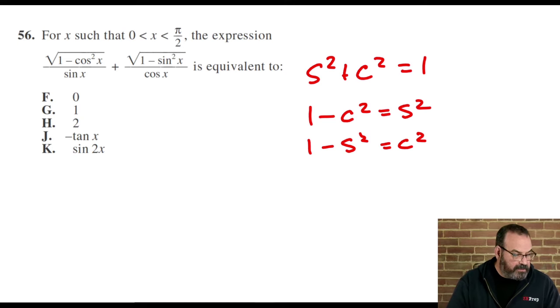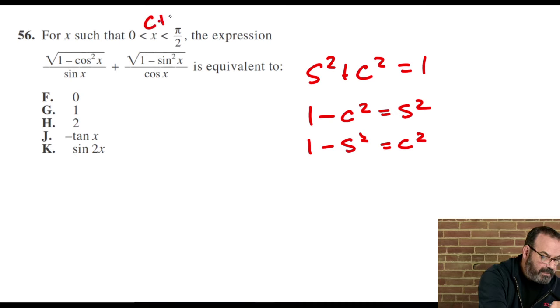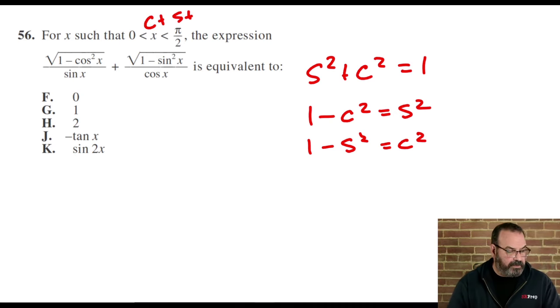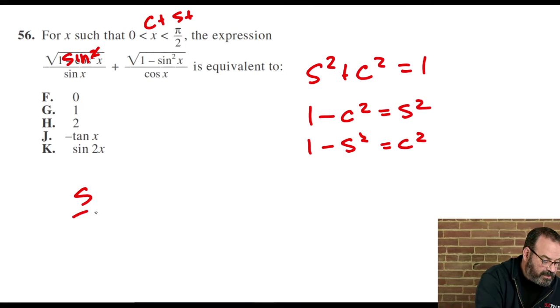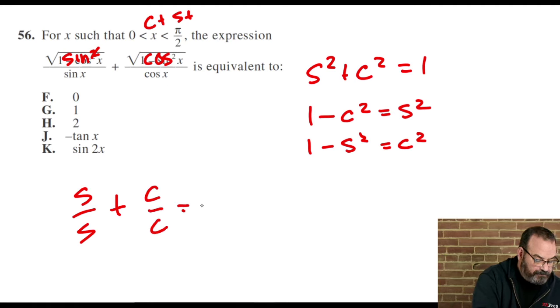So for x such that x is between 0 and pi over 2, meaning that both cosine and sine are positive, the first quadrant, the expression the square root of 1 minus cosine squared over sine plus the square root of 1 minus sine squared over cosine is equal to, well, 1 minus cosine squared is sine squared, and the square root of sine squared is sine. So this is sine over sine plus cosine over cosine, which is 1 plus 1, which equals 2.